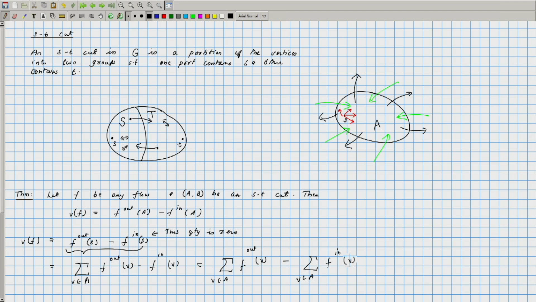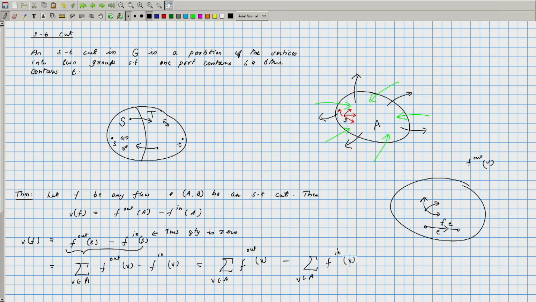Now, if you look at this expression, for each vertex in A, look at all the outgoing edges and for them you add F out V. So, if this is a particular edge, we are going to add Fe while we compute the first term of the summation.